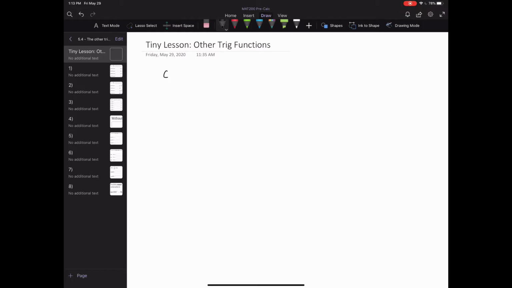You need to know, let me write sine, cosine, and tangent. Sometimes we use theta, but here's what you need to know. Whatever sine is, that is related to cosecant. And cosecant is just 1 over whatever sine of x was.